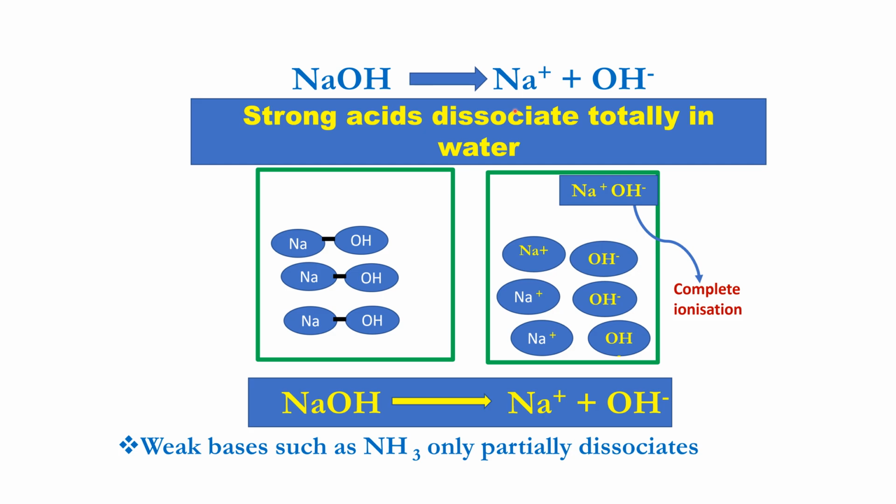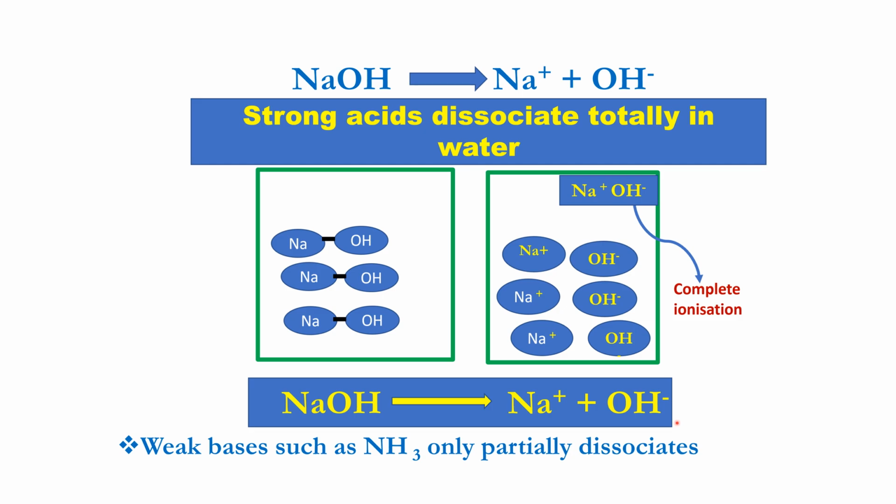So strong bases dissociate completely in water. Here we have 3 molecules of sodium hydroxide, and in the presence of water, there is complete ionization. You can see 3 Na plus because we have 3 molecules of NaOH, and 3 OH minus. So there is complete ionization. And this happens because sodium hydroxide is a strong base. When it dissociates, it will separate fully into its constituent ions, which are Na plus and OH minus.